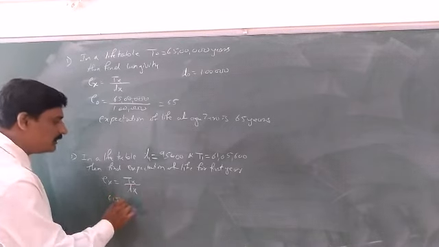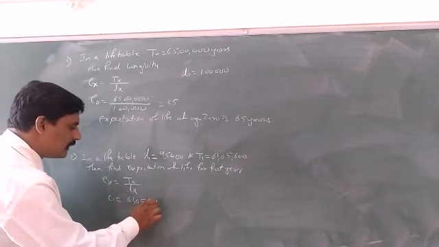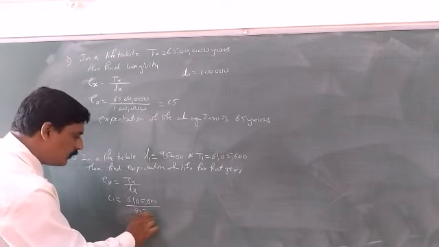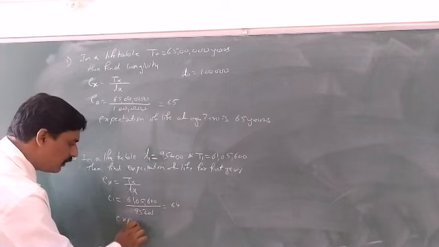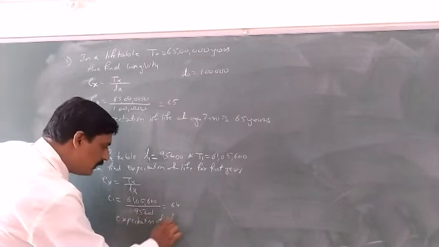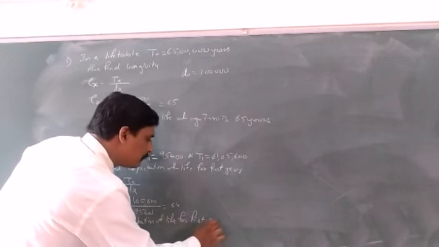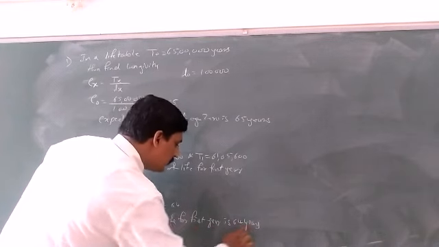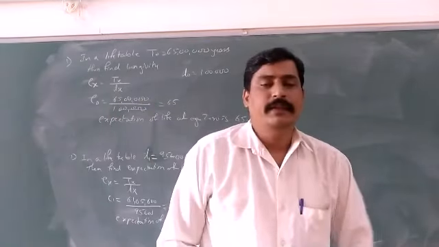So E1 is equal to T1, 61,05,600, divided by L1, 95,400, that is equal to 64. So the expectation of life for the first year is 64 years.